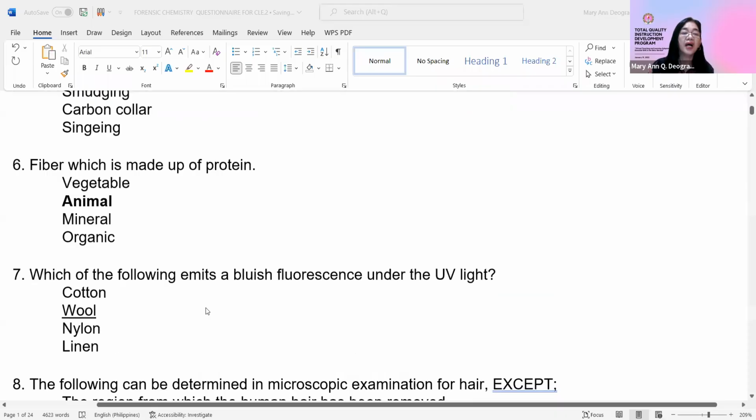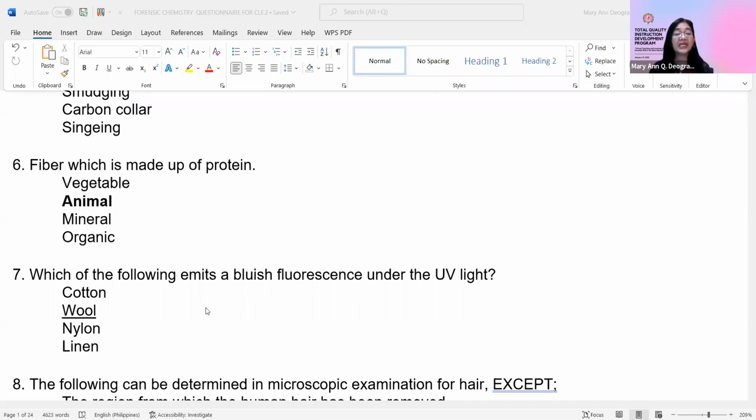Okay, next. Which of the following emits a bluish fluorescence under the UV light? The one that emits a bluish fluorescence is wool. The different choices are cotton, wool, nylon, linen. Among these examples of fibers, only wool belongs to animal fibers, galing sa balat ng mga animals yan.